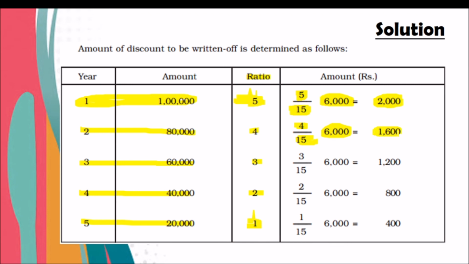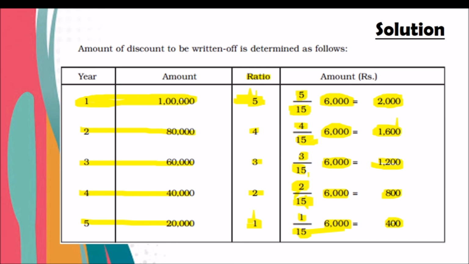It's only an imaginary ratio based on the number of years of redemption. And the third year 6,000 into 3 by 15, fourth year 6,000 into 2 by 15, and last year 6,000 into 1 by 15. So in the third year 1,200, fourth year 800 will be deducted, and last year it will be 400.